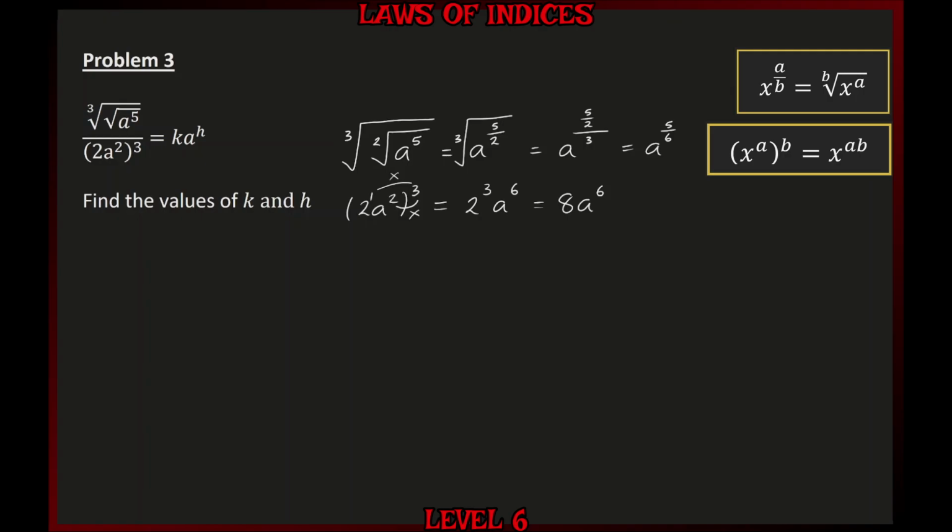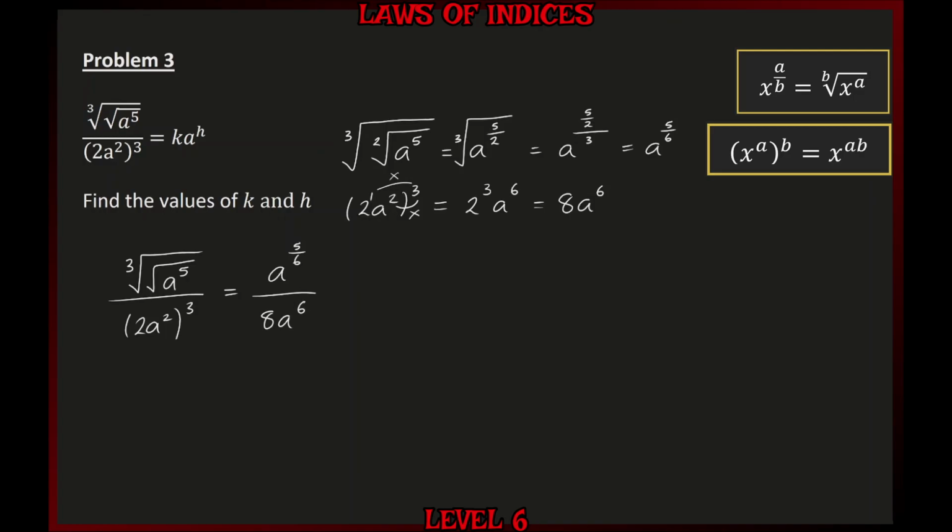Putting this all together means our original fraction, which was the cube root of the square root of a to the power of 5 over 2a squared raised to the power of 3, is equal to a to the power of 5 over 6 over 8a to the power of 6.